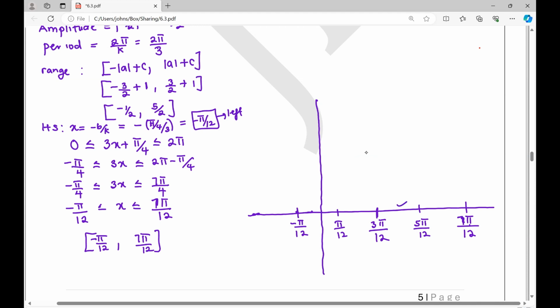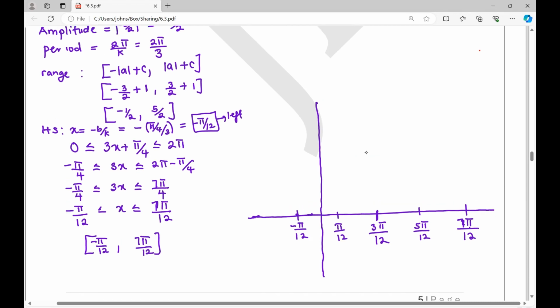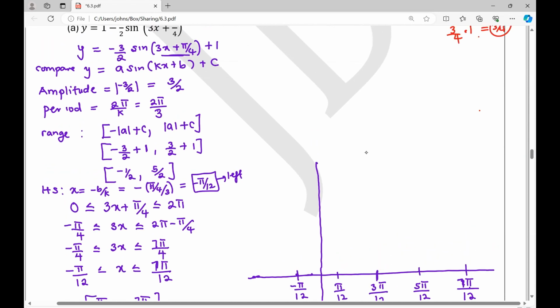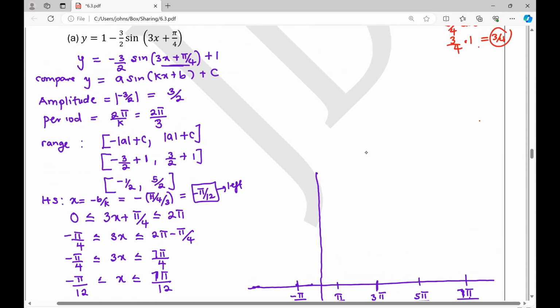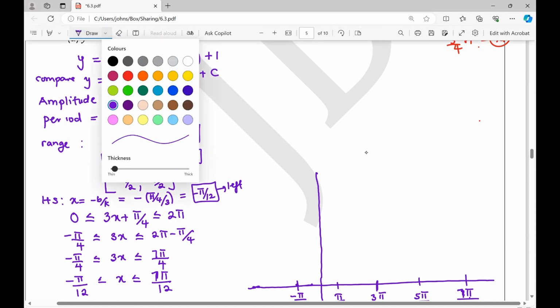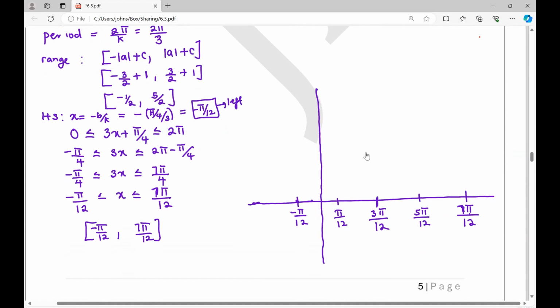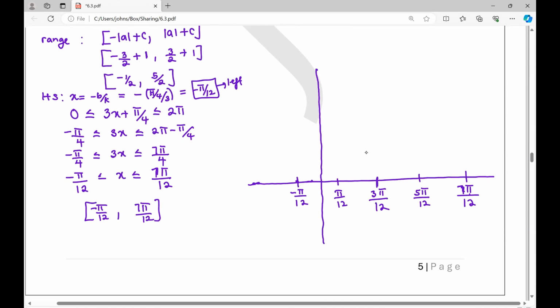Okay, now something interesting here is that remember in this question, we have a vertical translation, C. And what is our C? Our C is 1. Therefore, our baseline is going to be the line y equals 1. So I need to look for the line y equals 1. Let me make it a little bit closer here.